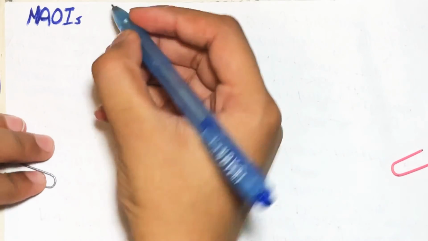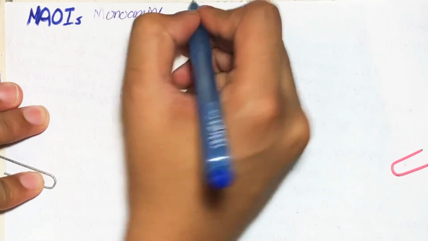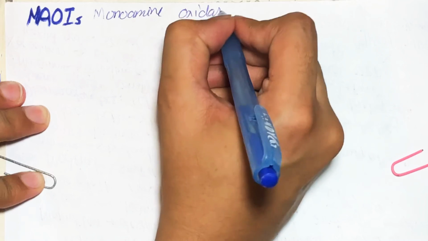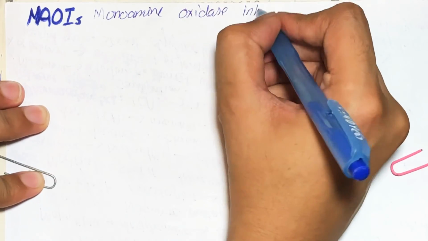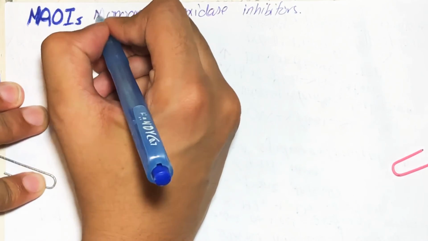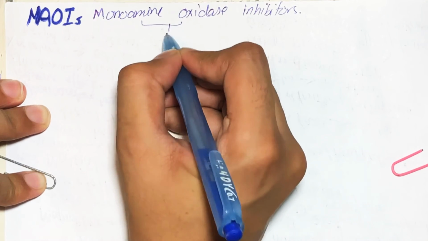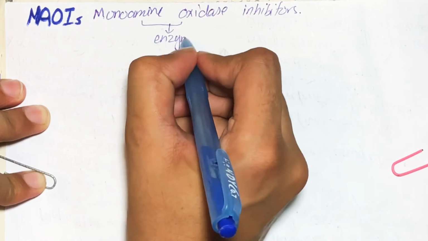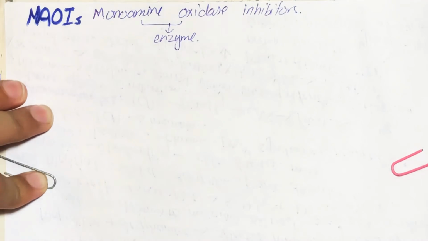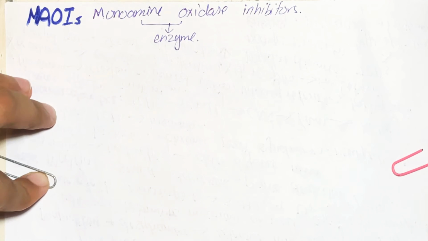So today we are going to be talking about MAOIs, which are monoamine oxidase inhibitors. Monoamine oxidase is an enzyme which is present in different tissues, like it is present in nerve, in liver, and also in gut.